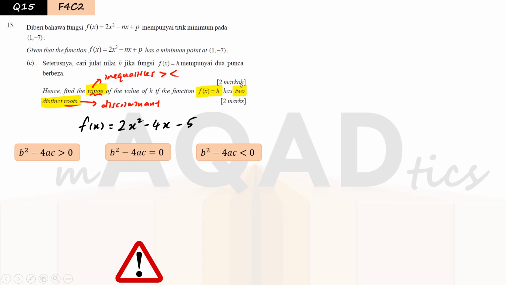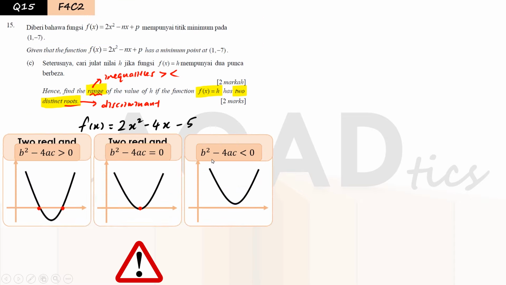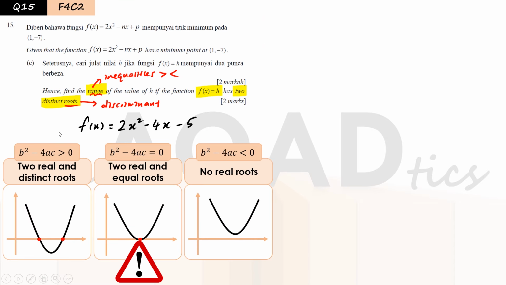Alright, so here in the question it says two distinct roots, meaning two different values of x. So which one will it be? Okay, so I give you 5 seconds to think about the answer. Right, and the answer is this one, right?